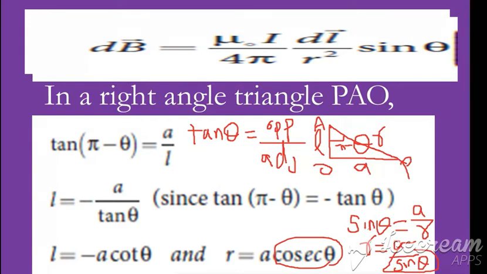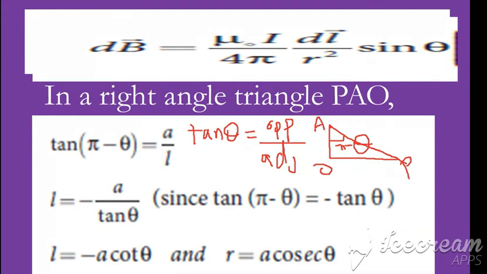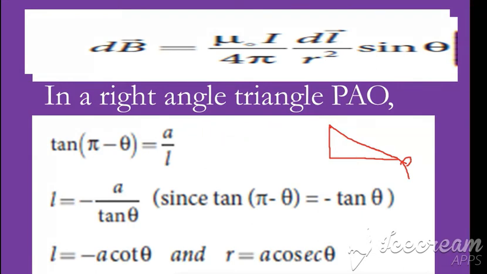So L is equal to minus A into cot theta, R is equal to A into cosecant theta. So from the same triangle, which is a small triangle, we got both the value of L as well as R, is it not? So this value of L we are going to substitute here. This is the main equation. So we are going to substitute this value of R here. Same way L you are going to substitute here.